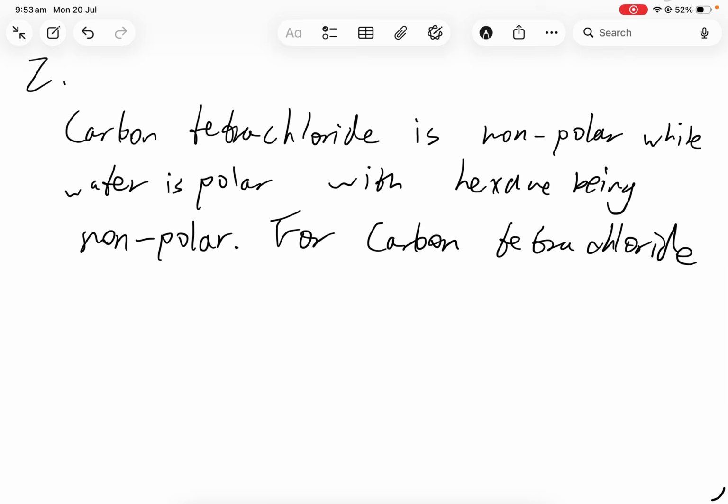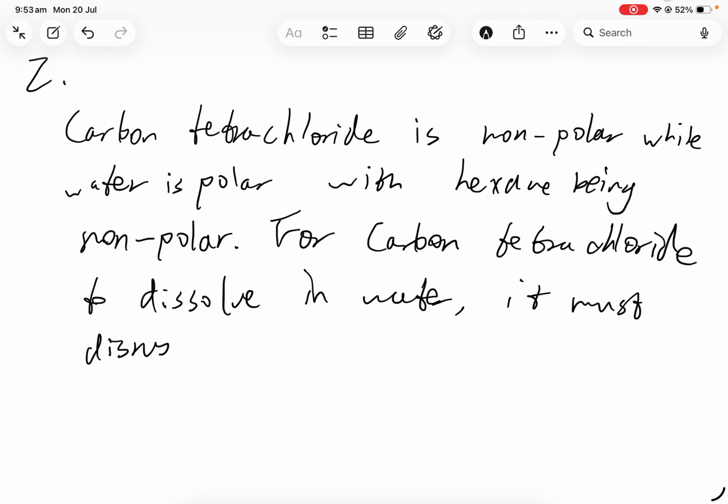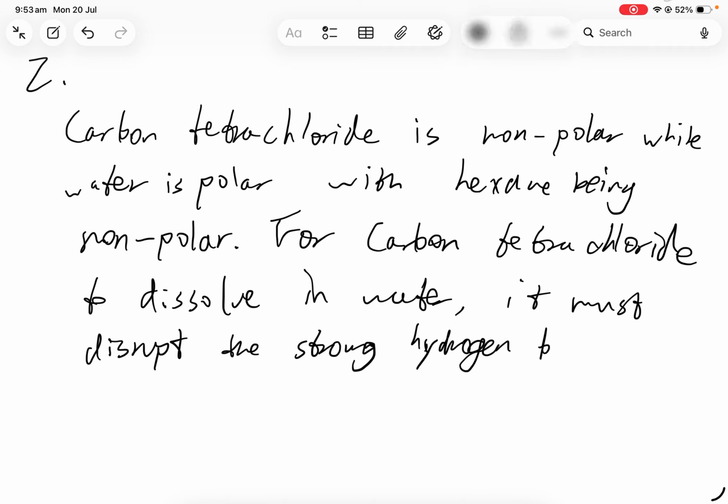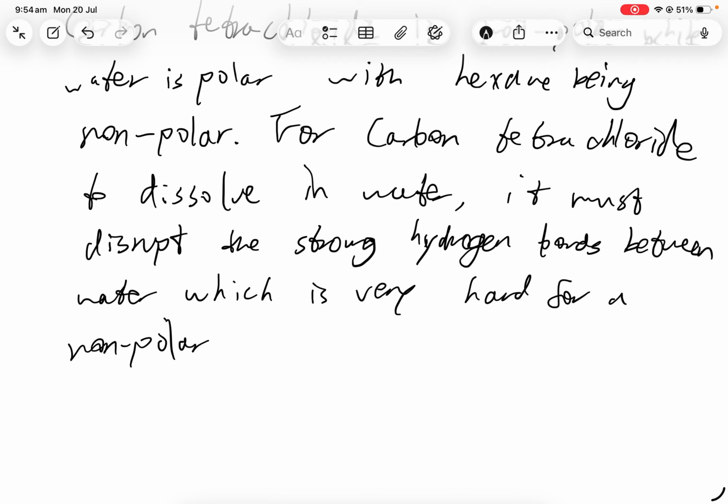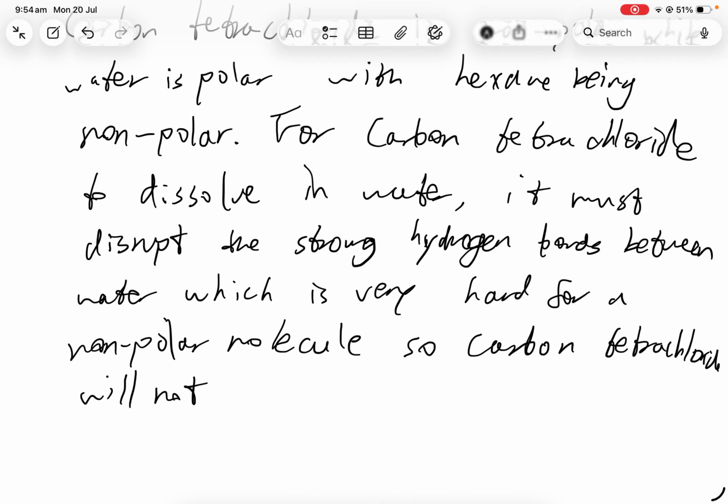For carbon tetrachloride to dissolve in water, it must disrupt the strong hydrogen bonds between water, which is very hard for a non-polar molecule, so carbon tetrachloride will not dissolve.